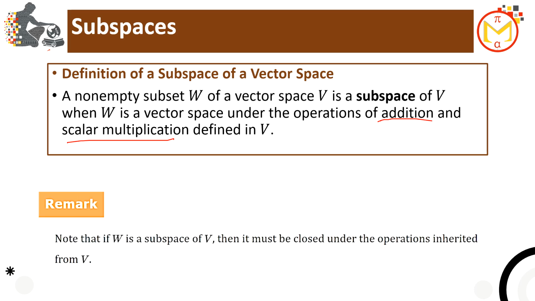Note that if W is a subspace of V, then it must be closed under the operations inherited from V. Meaning when you add two vectors in the subspace, the result should be included in the subspace.